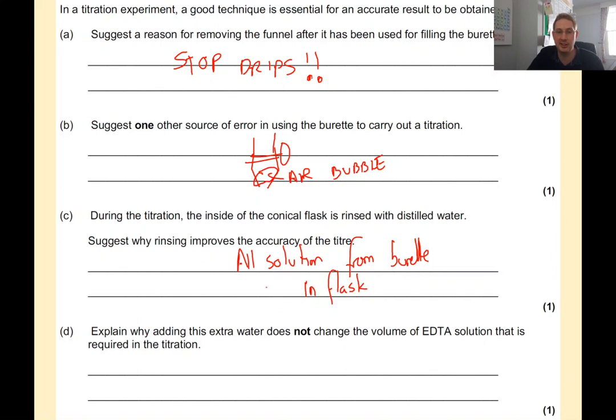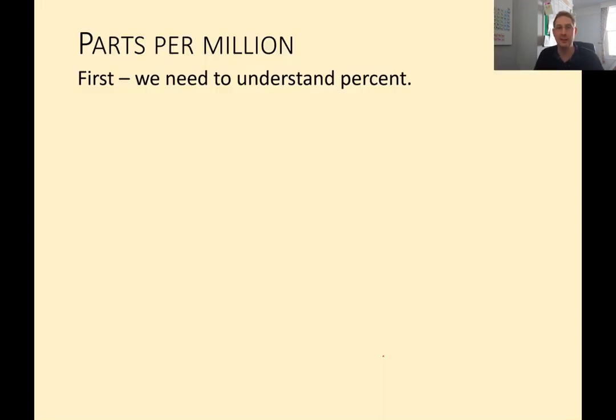So during the titration, explain why adding this extra water does not change the volume of EDTA solution that is required in the titration. That's because the number of moles in the flask is conserved. Diluting it down does not affect the number of moles in that flask.